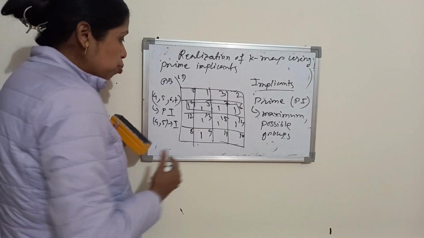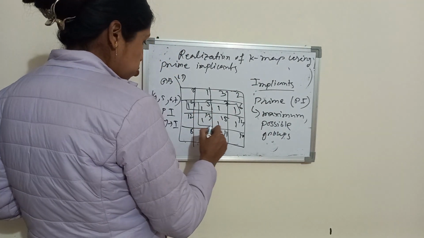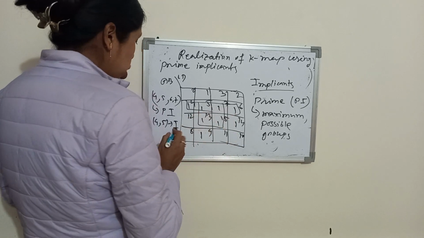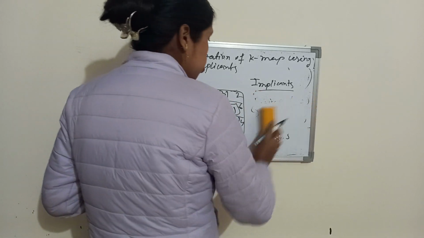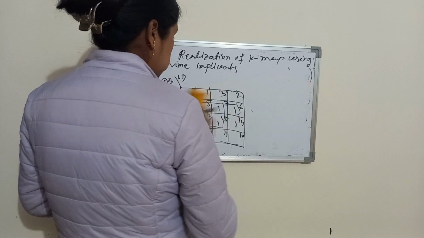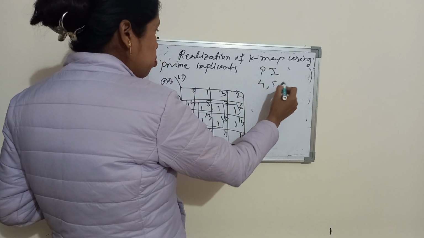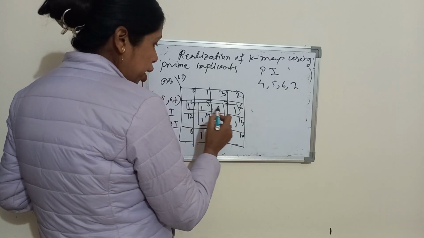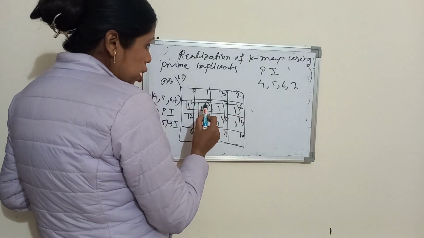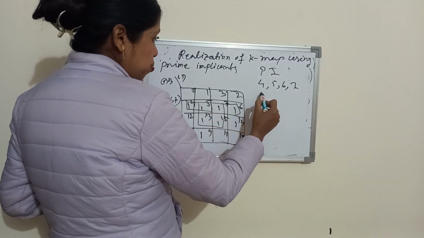Now come to here. I am writing PI. First is 4, 5, 6, 7. Now come to 5, 7, 13, 15.